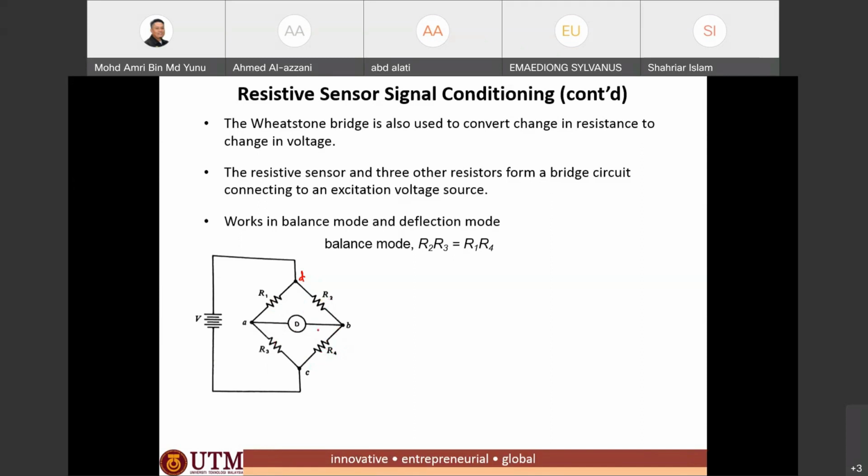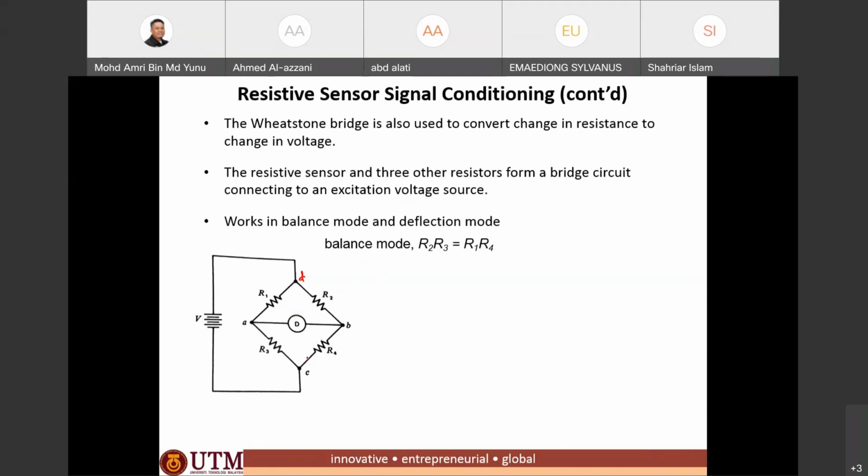Then on this Wheatstone bridge, between D and C we apply a DC voltage supply V, and between A and D we put an indicator, or a detector, usually a galvanometer.